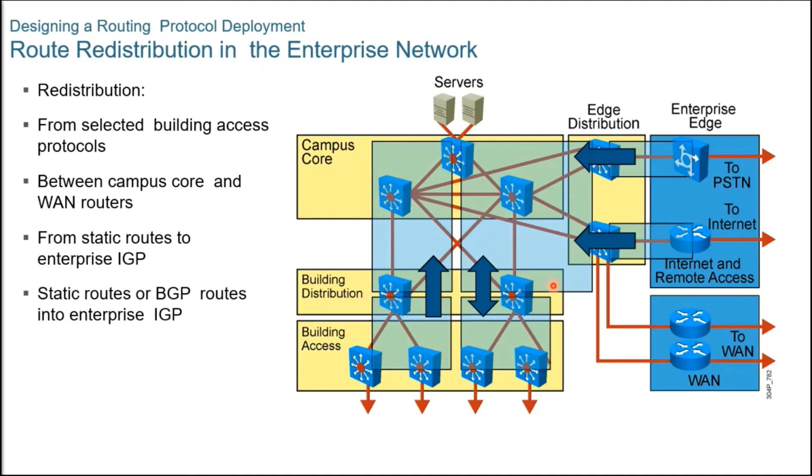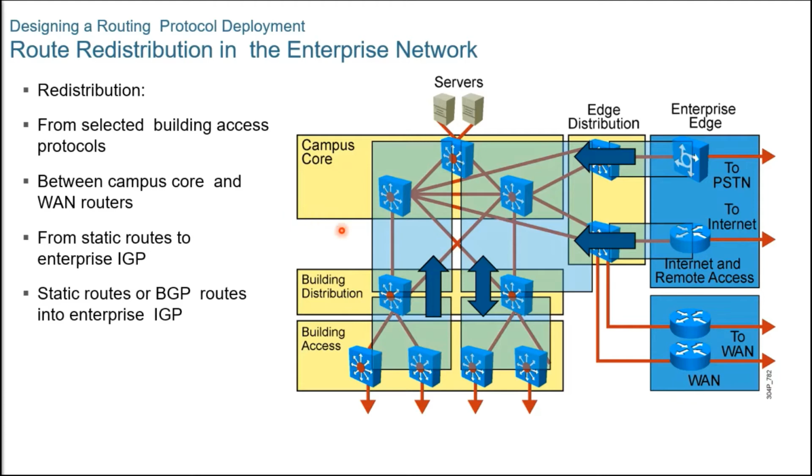In this example, some remote sites require connectivity to the server farm. Therefore, one-way redistribution is performed to inject routes from these remote sites into the campus core. Now some remote sites require connectivity to the entire network.